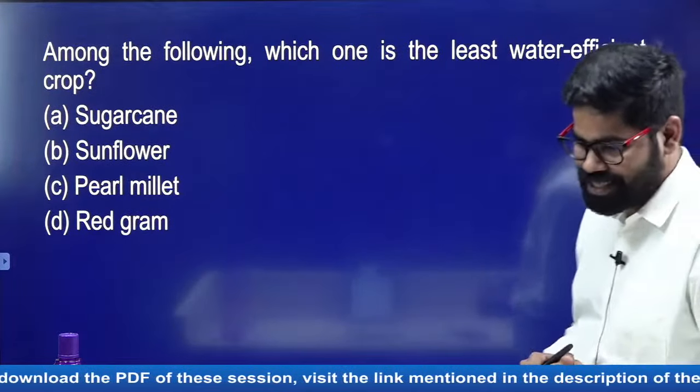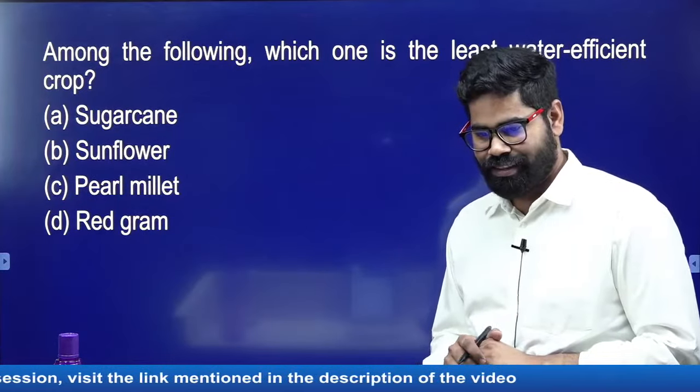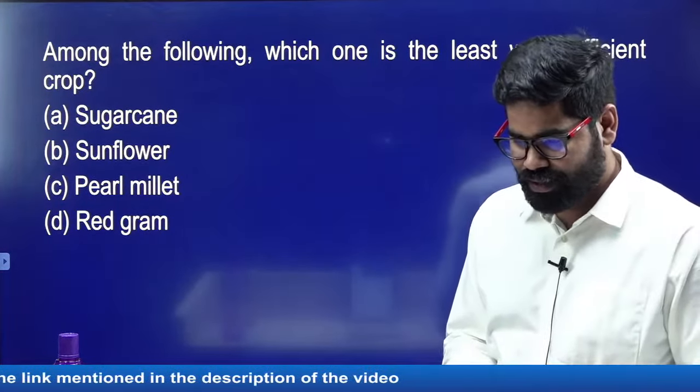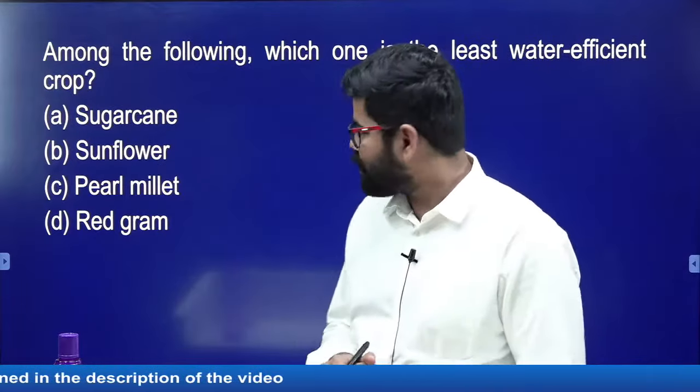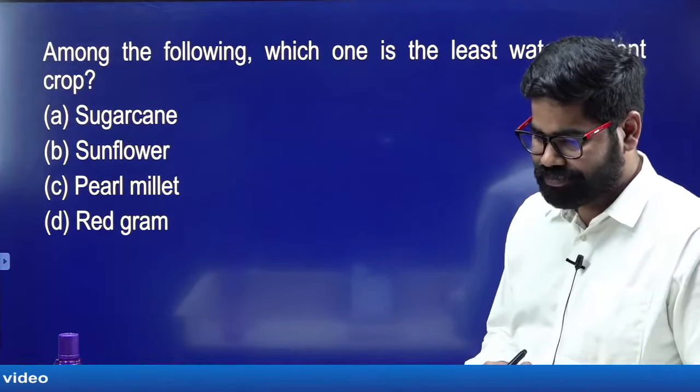I have got one answer as sunflower. Anyone else? I have got one answer as B, sunflower. Anyone else having any other answer?